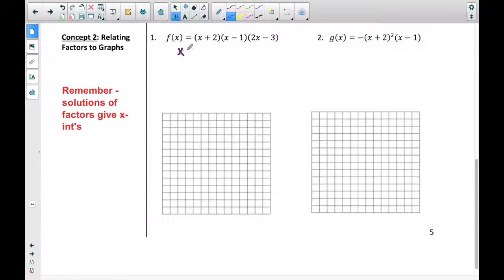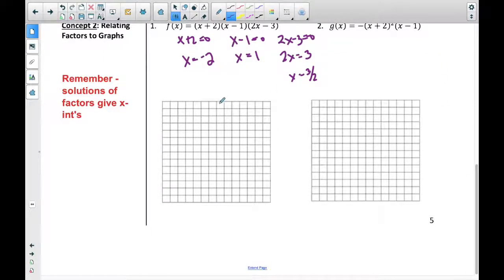In other words, if I set x plus 2 equal to 0, and set each of these equal to 0, then I get 3 intercepts. Those are going to be my x-intercepts, so I'm going to go ahead and draw in my graph. I have a -2, a +1, and a +3/2 or 1.5, which is here. I counted by halves so I could space it out a little better.